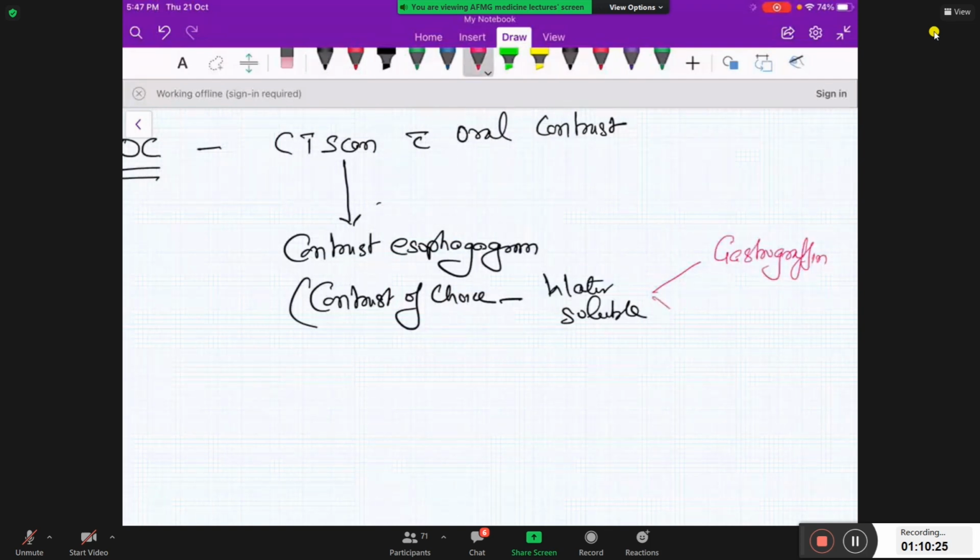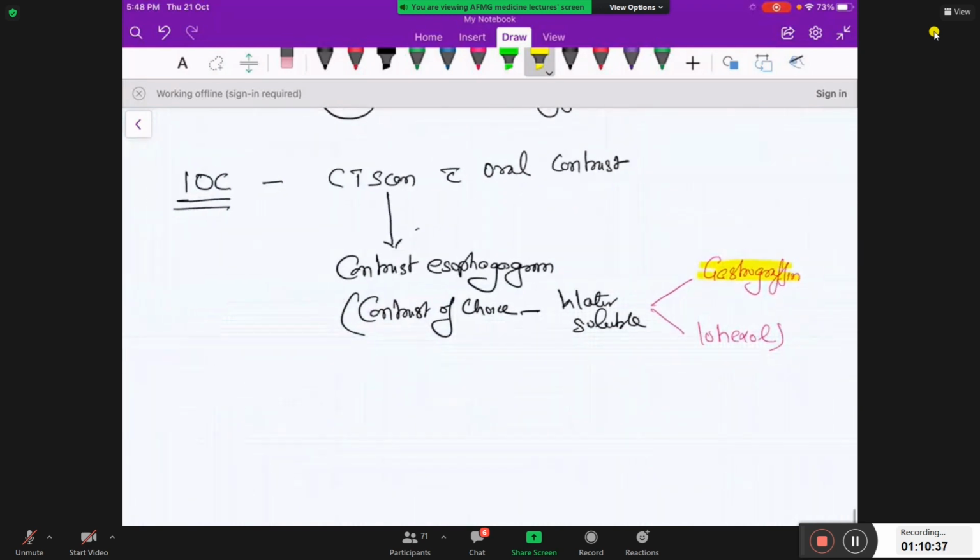Gastrografin and iohexol. Commonly used is gastrografin. So if you are asked what is the investigation of choice, it is CT scan with oral contrast now. If not in your choice, then it is contrast esophagogram. And if you are asked what is the most sensitive investigation, barium swallow.